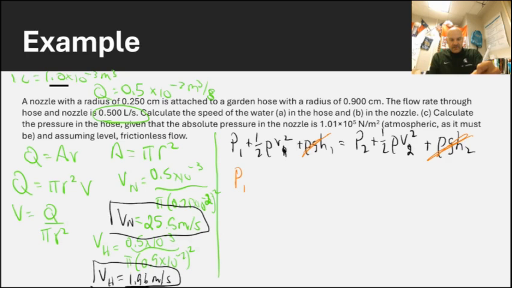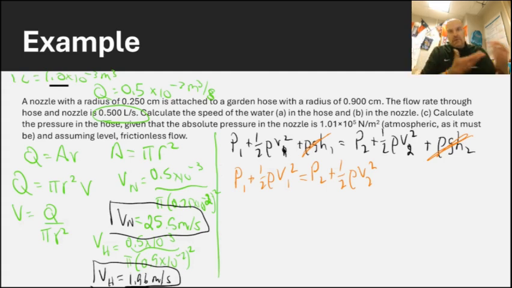Okay, so we have P1 plus 1/2 rho V1 squared equals P2 plus 1/2 rho V2 squared. Now here you're just going to call one hose, two nozzle, or nozzle one, hose two. So it doesn't matter. The only thing you have to remember is whichever one the nozzle is, you have the pressure, right? And you're going to solve for the other pressure.